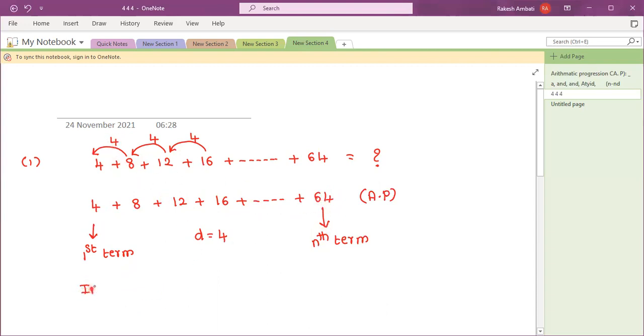First of all, in AP, how to find the nth term? The nth term formula is a plus (n minus 1) into d.